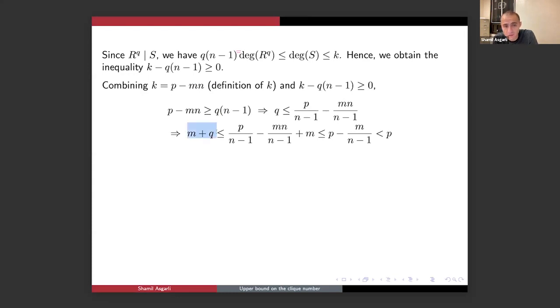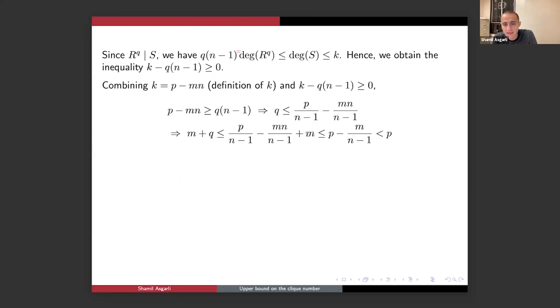Then I consider the quantity M plus Q. That is the same as M, plus, well, I have an upper bound on Q. So I get this as an upper bound.